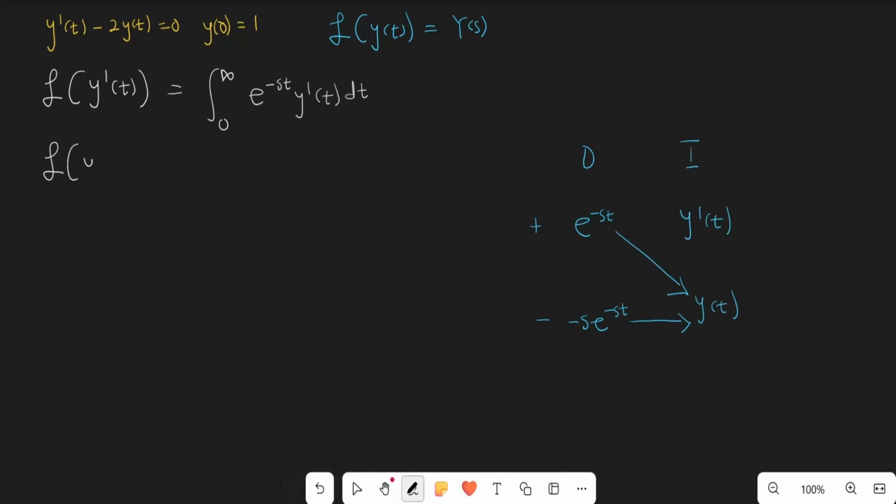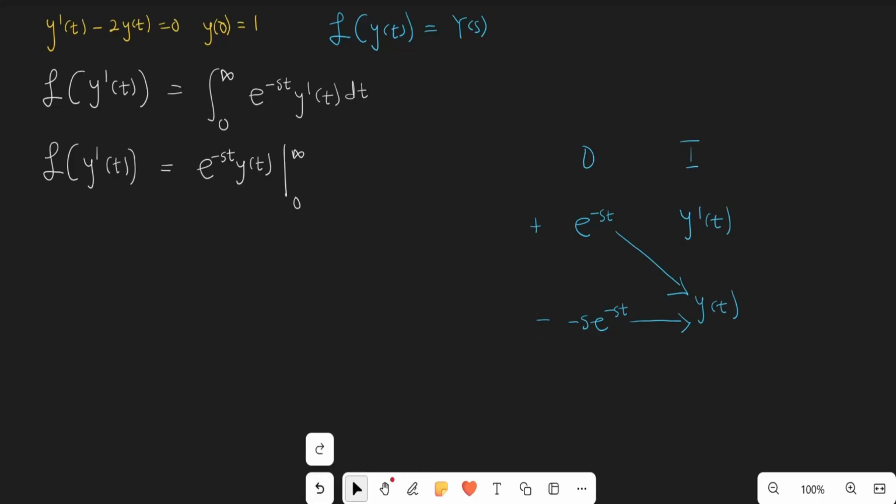So the Laplace transform of the derivative of a function y prime of t is equal to what? Multiplying diagonal terms, that is e to the negative st multiplied by y of t, with limits of integration from 0 to infinity. We are done with the integration here. And now negative times negative becomes positive, right?